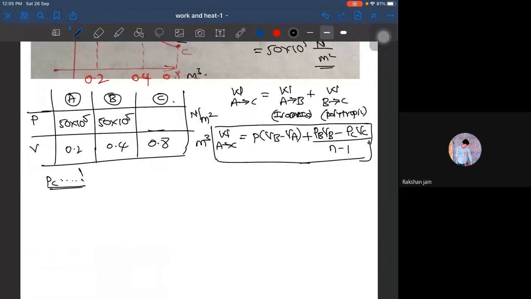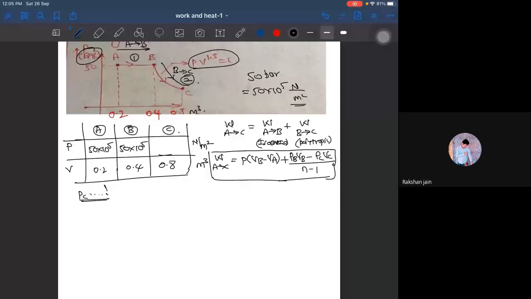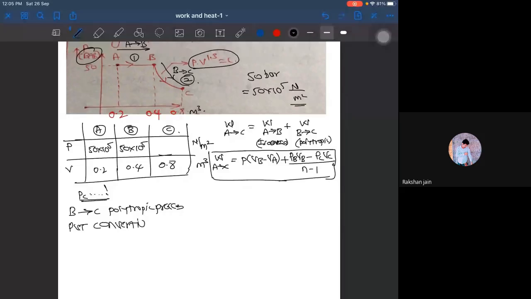So you know that B to C is your polytropic process, correct? You can use the PVT conversion equation for the above process. The PVT conversion equation for a polytropic process is given by PB by PC, that is equal to VC by VB whole to the power of n, is equals to TB by TC whole to the power of n divided by n minus 1.